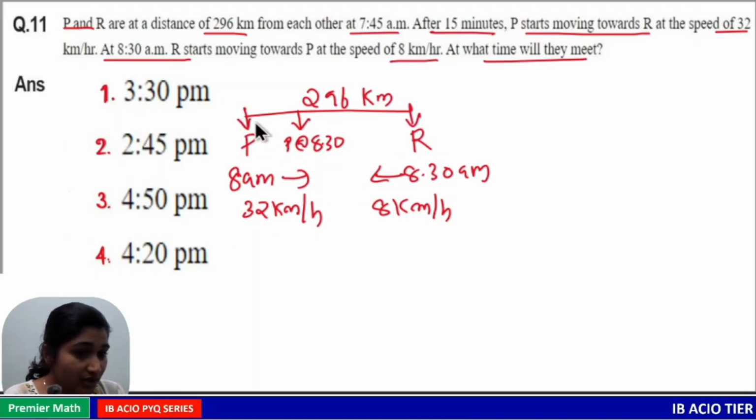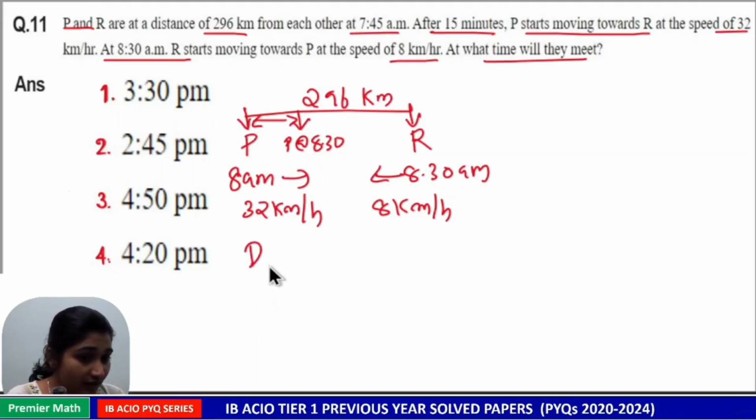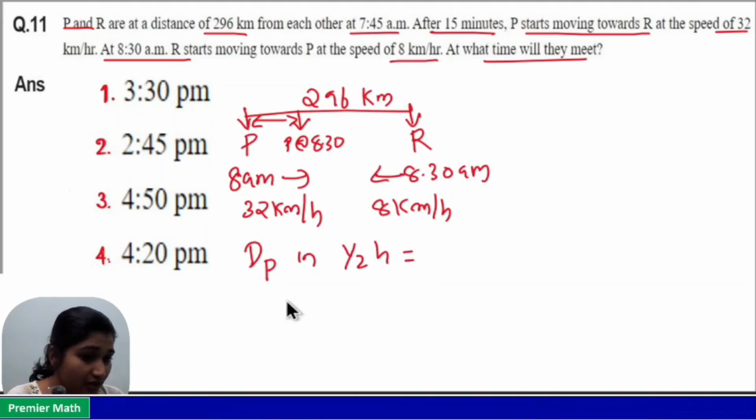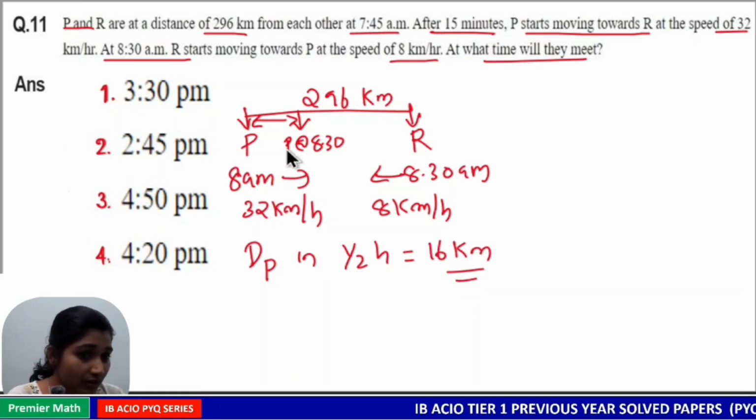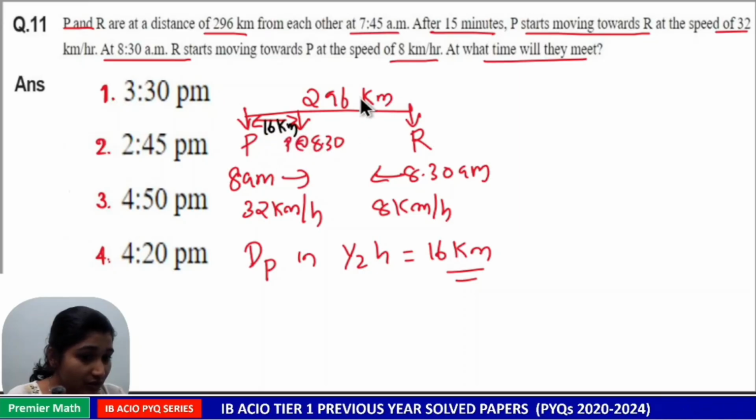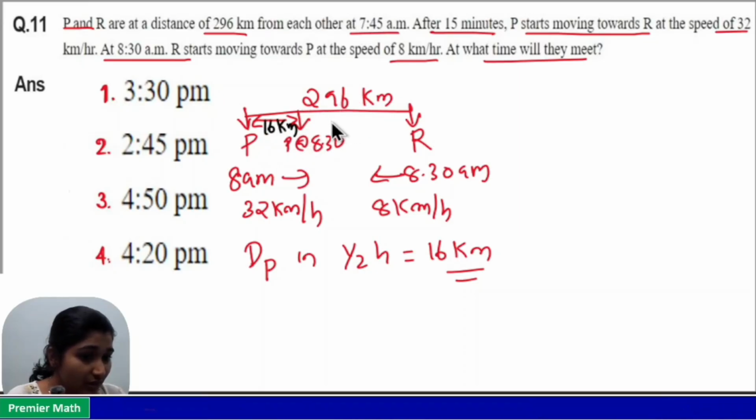During this 30 minutes, the distance traveled by P in this half hour: in 1 hour we can travel 32 kilometers, so in half an hour we can travel 16 kilometers. So the remaining distance is 296 minus 16, which is 280 kilometers.